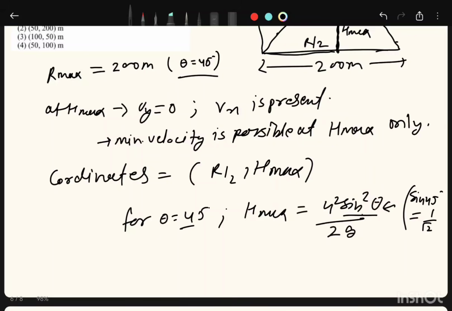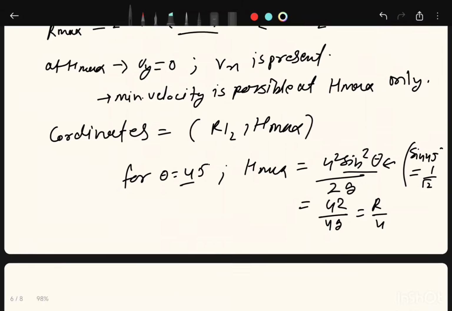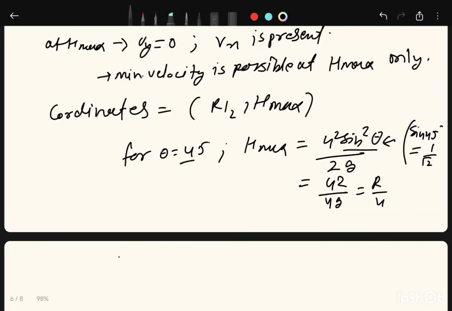So 1 by root 2 square will be 1 by 2, and 1 by 2 and 1 by 2 will become u square by 4g, and u square by g is your r max, so it will become r by 4. Because this u square by g is nothing but your r at 45 degree.